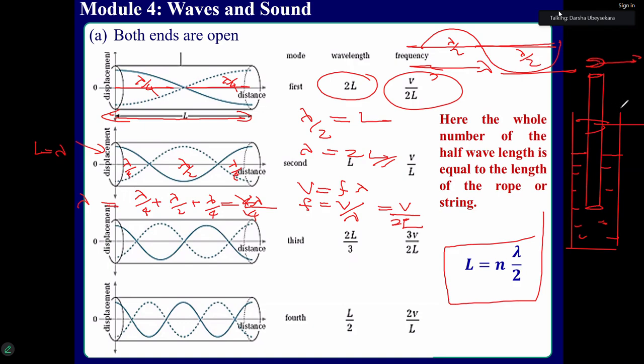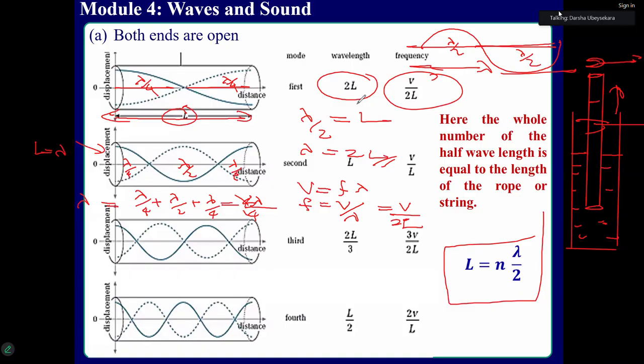Then you are changing the height of the tube, right? When you are changing, the length of the air column will change. So the length of the air column is only this L, right? In that L, loops will be formed inside.